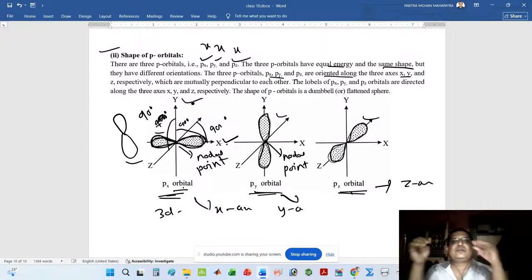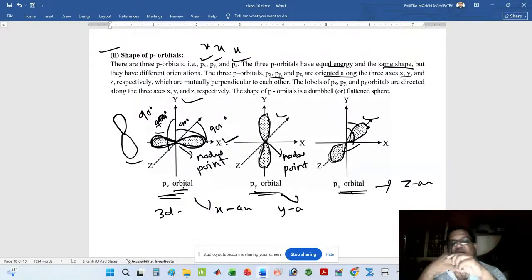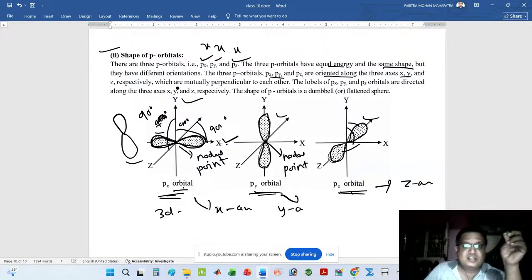Mutually perpendicular to each other means all are at 90 degrees. The lobes here also are at 90 degrees. All are 90 degrees: x-axis and y-axis, y-axis and z-axis, and z-axis and x-axis. So here we can say that they are mutually perpendicular to each other. The lobes of px, py, and pz are directed along the three axes: x-axis, y-axis, z-axis.